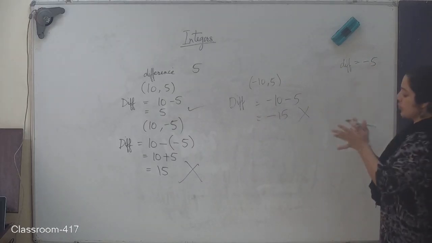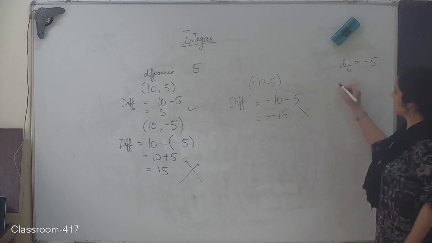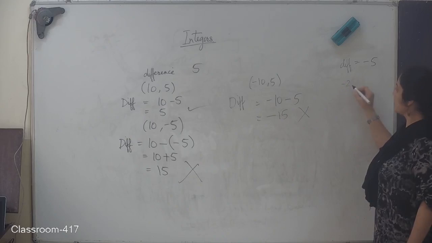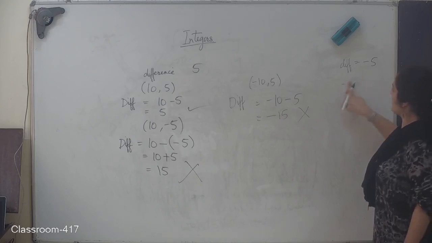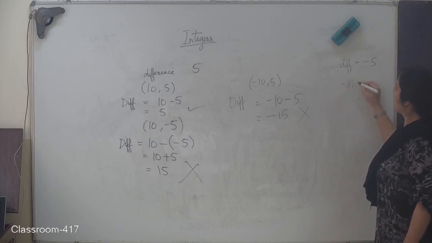We build possible combinations, like supposing I take minus 8 and minus 3.